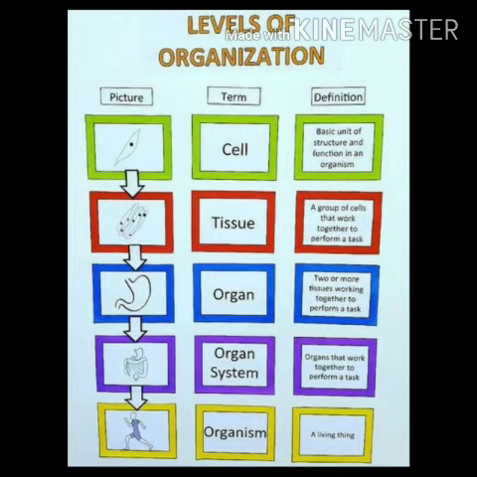And then these different organs combine together and form the organ system. Like the digestive system is made up of so many organs. Then the respiratory system is made up of so many organs. Next, we have so many organ systems in the body. So when all these organ systems combine together, it helps to form a complete organism.